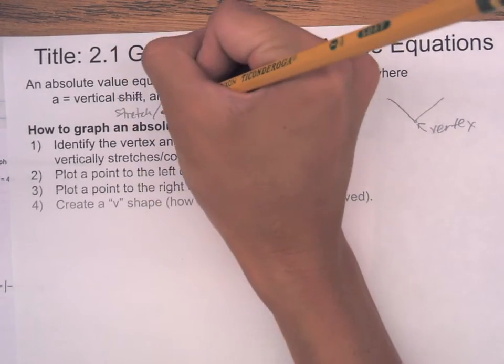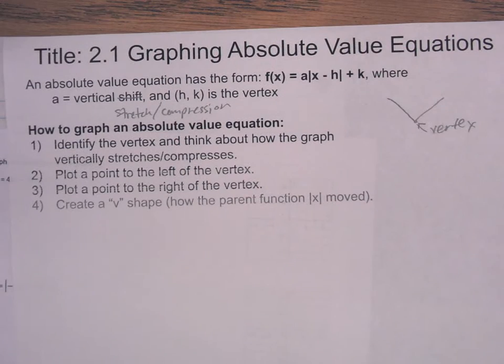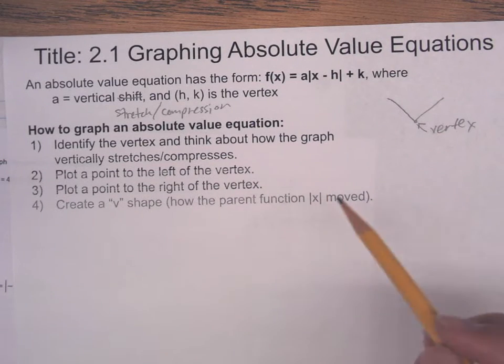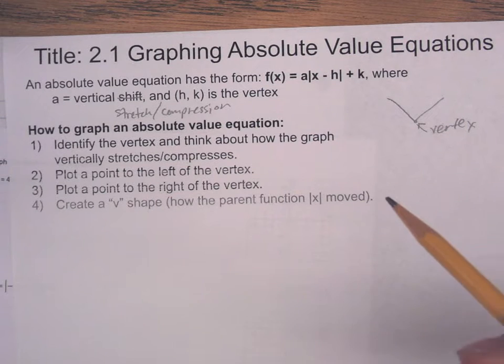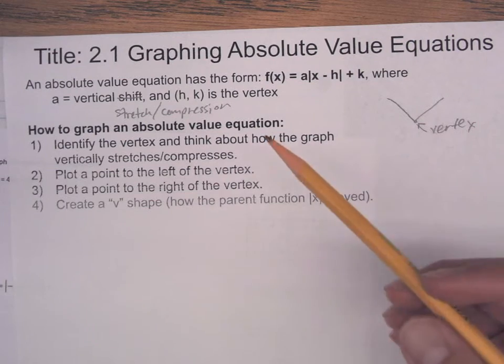This is a vertical stretch or compression. Yeah, I think you had an idea what I meant by that. Sorry about that. Okay, we'll refer to these steps later, how to graph an absolute value equation. I'll refer to that when I'm going over the examples now.